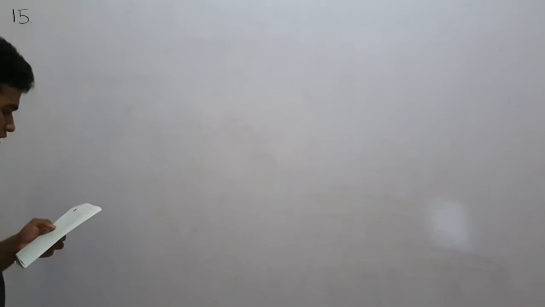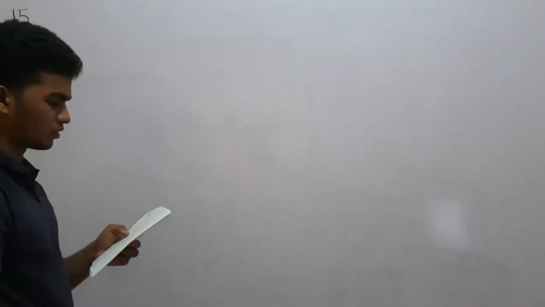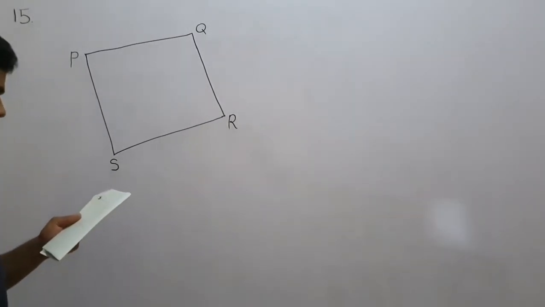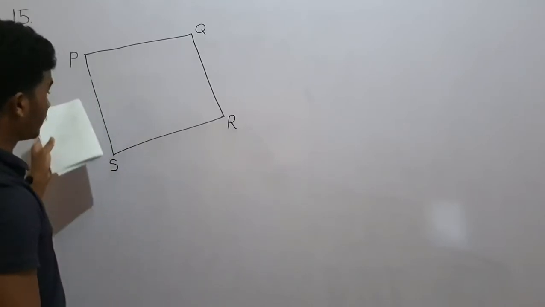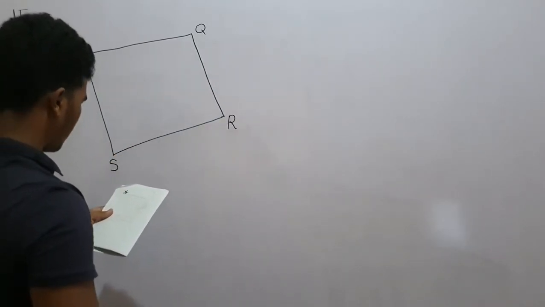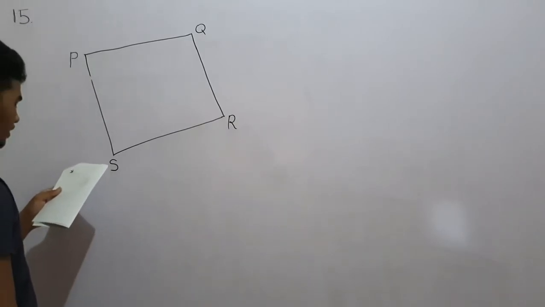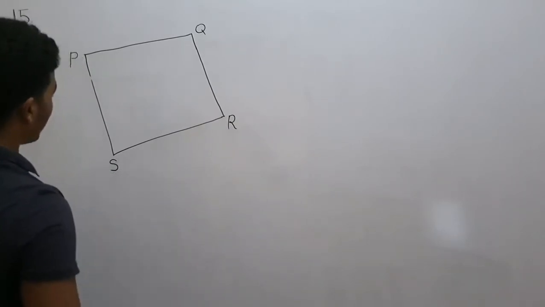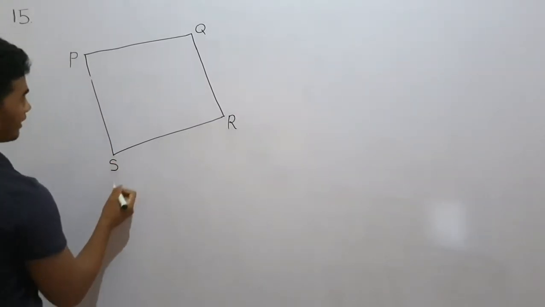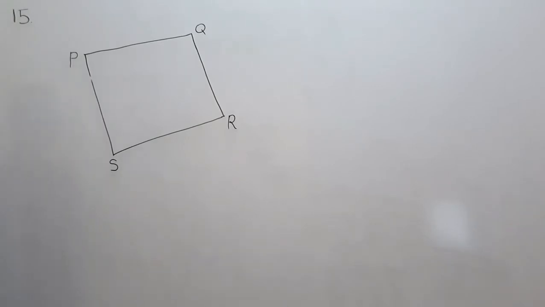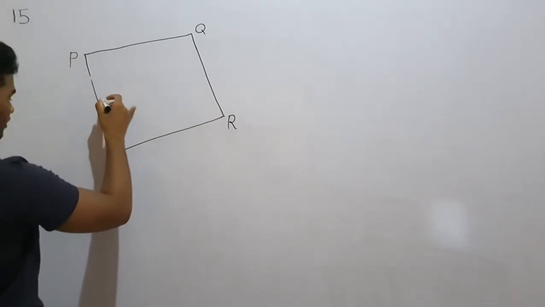Question number 15. Use a ruler and compass only in this question. So part A, construct the locus of points inside the quadrilateral PQRS that are, Roman numeral 1, 6 centimeters from S. Now keep in mind when only a point is given and they tell a length, it is always going to be a circle.